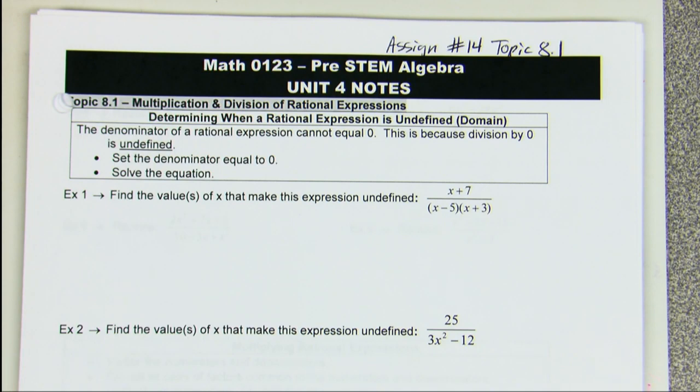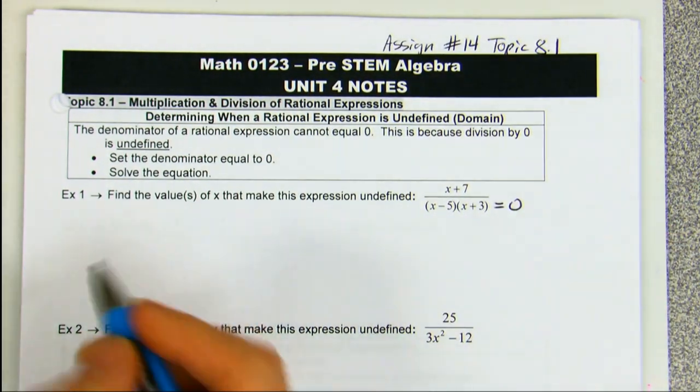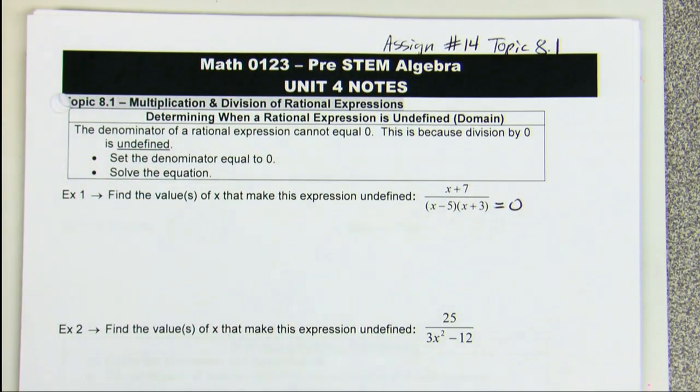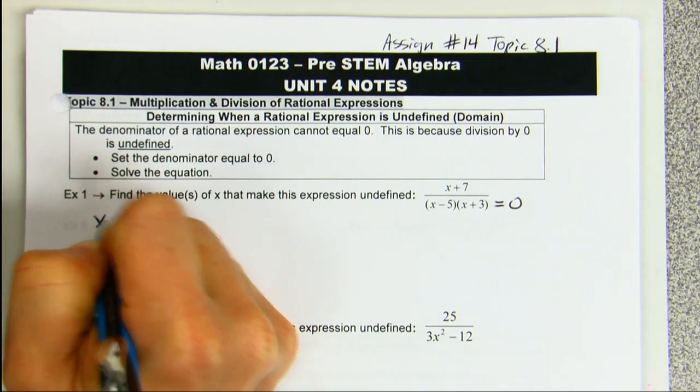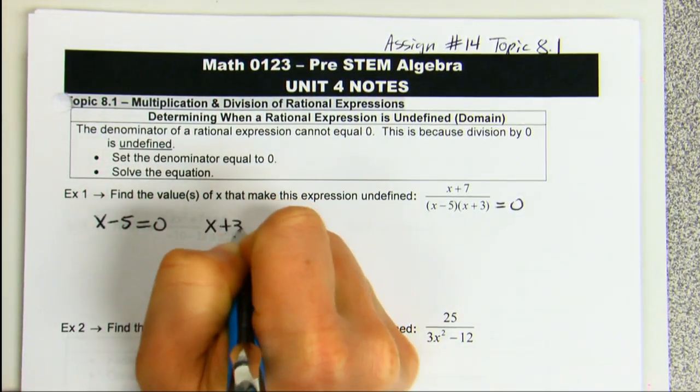So the denominator of a rational expression cannot equal 0. This is because division by 0 is undefined. Set the denominator equal to 0 and solve. So we're not paying attention to the numerator at all. You just set the denominator equal to 0. Since this is factored already, we are going to set each factor, x minus 5 equals 0 and the x plus 3 equals 0.